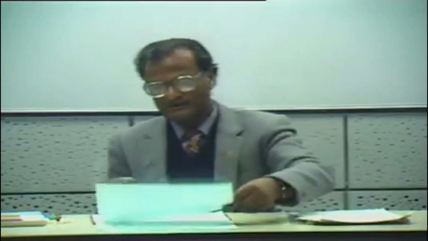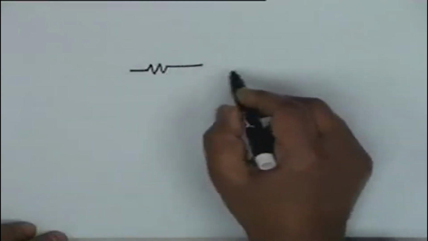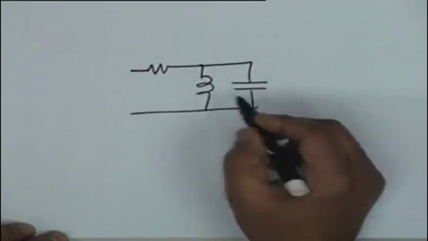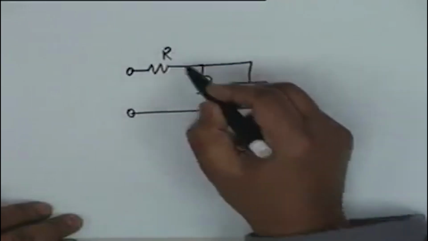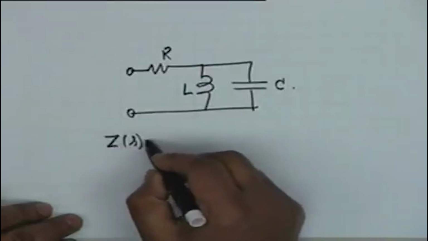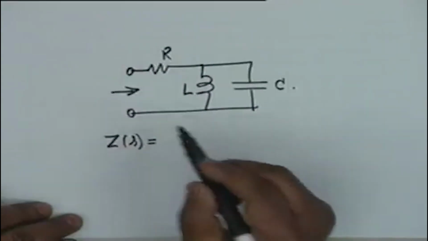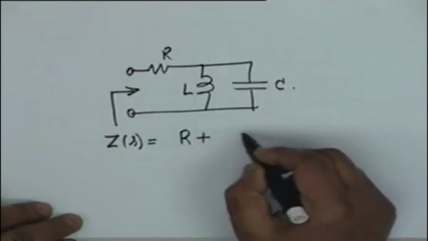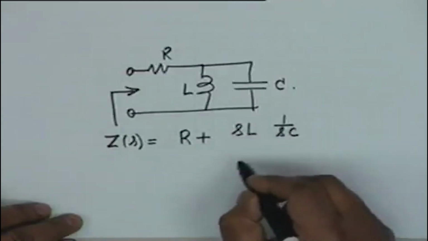Now, let's take another example. Let's say we have a resistance, an inductance and a capacitance. These are the two terminals of the network. The impedance looking at these terminals, usually denoted by an arrow, is given by R plus sL multiplied by 1 over sC.